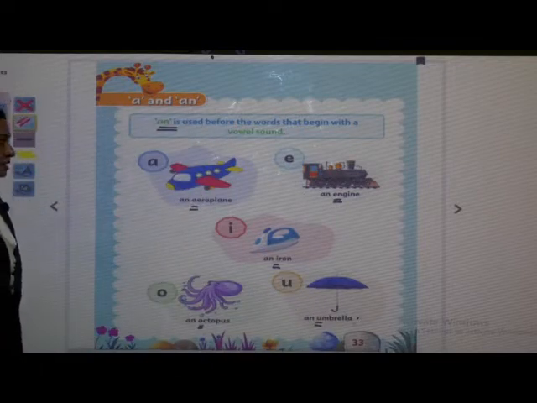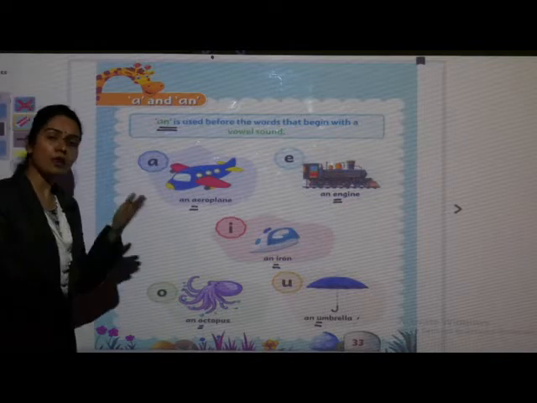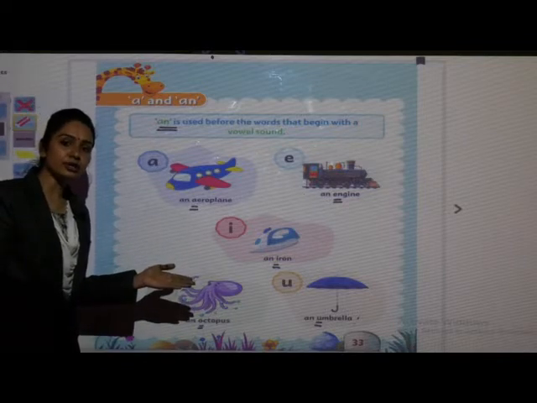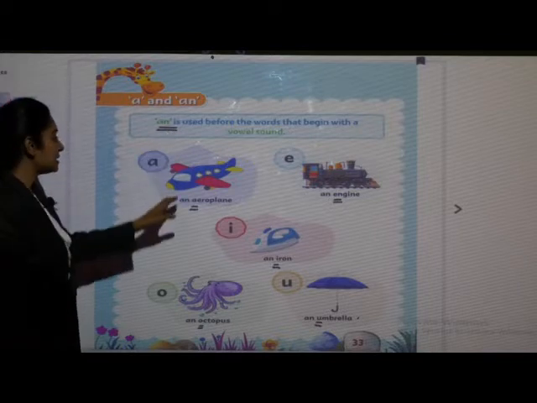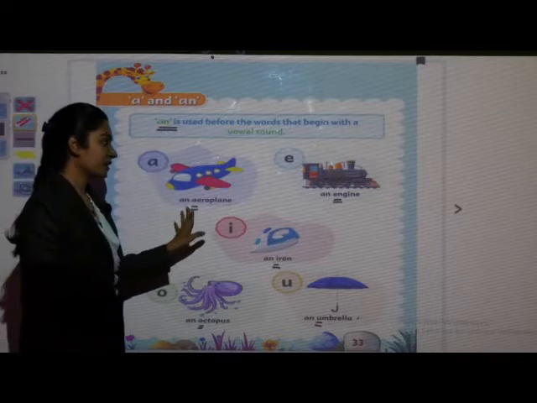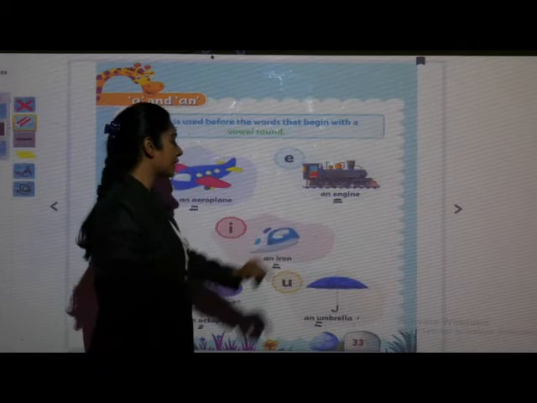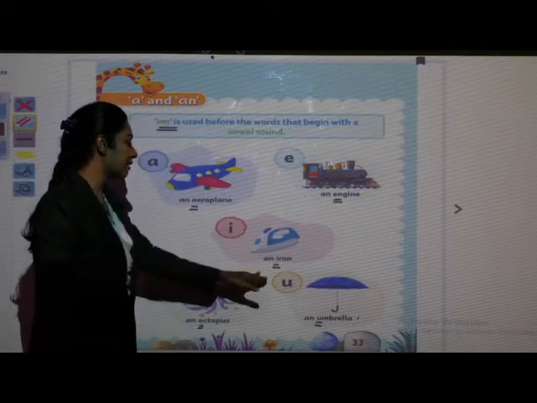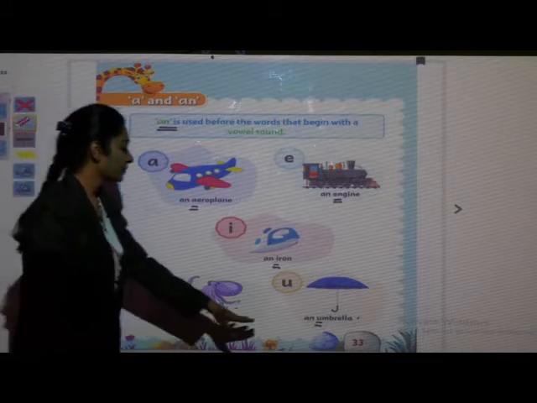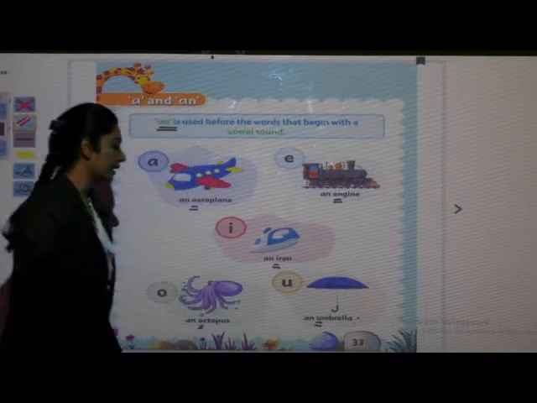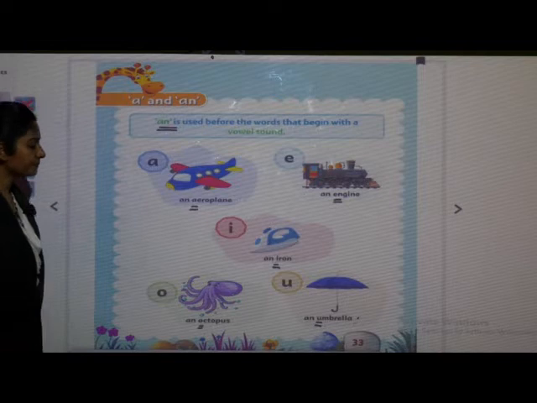Okay children? So before vowel sound what should we use? A or an? An. Okay. This is an aeroplane. This is an engine. This is an iron. This is an octopus. This is an umbrella. Okay.